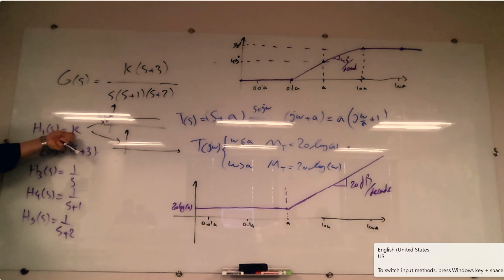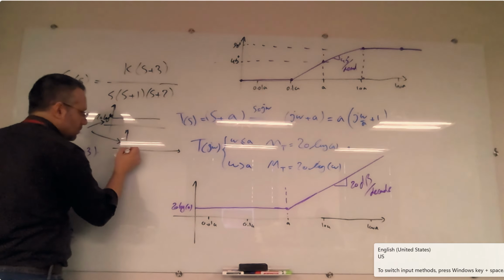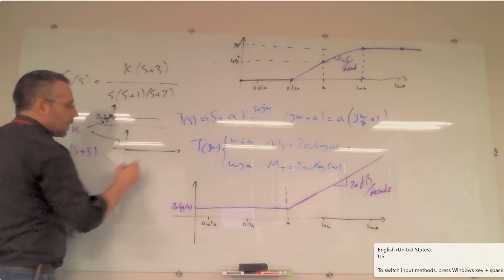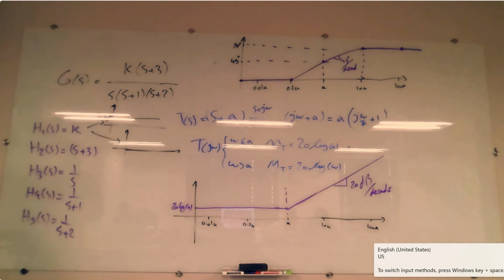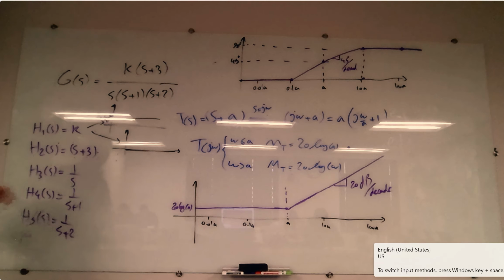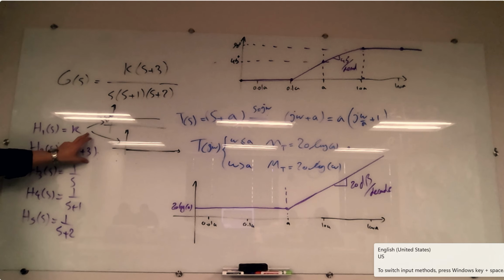If you want to represent this k as a complex number, what would it be? K plus 0j, right? If it's 0j, that means the phase is 0. So it's always 0, no matter what. So far, we have these two, correct?